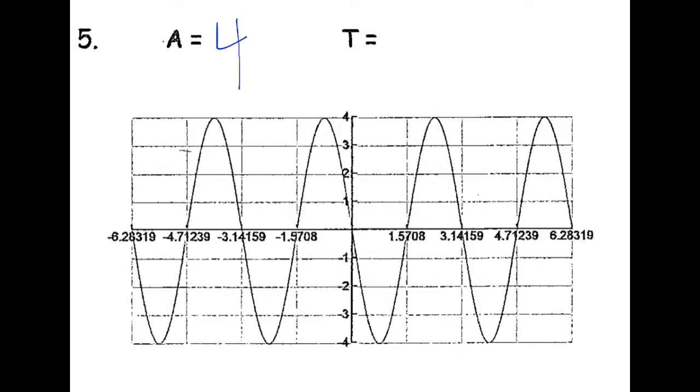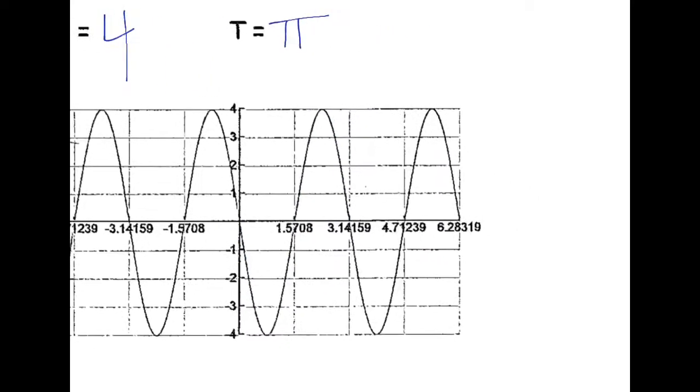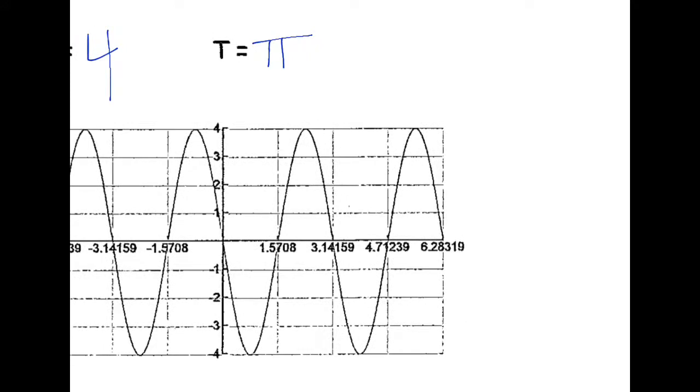But what about the period? Well, one full cycle, see how long it takes you to get back where you started before that pattern repeats. Well, look, it goes to 3.14159, which is pi. So our period is actually pi, which means it is half of the normal value, which means we must be going through the unit circle twice as fast.